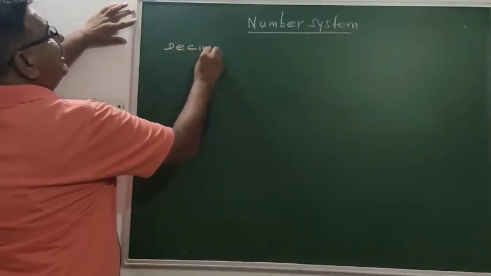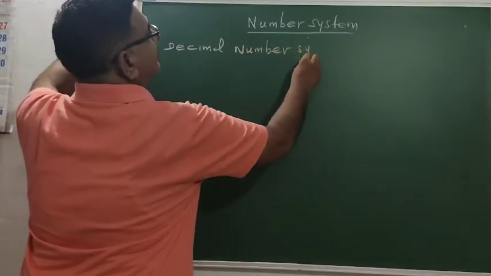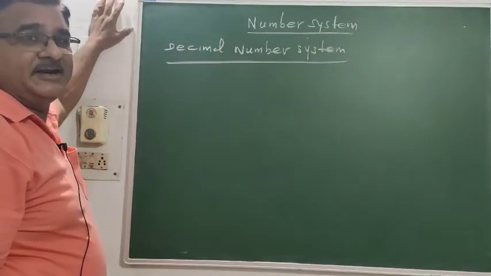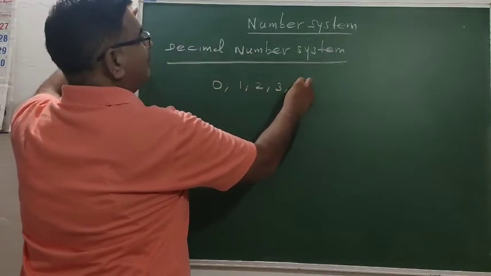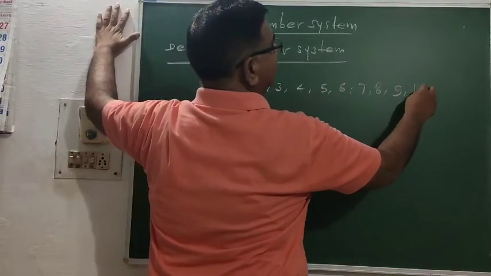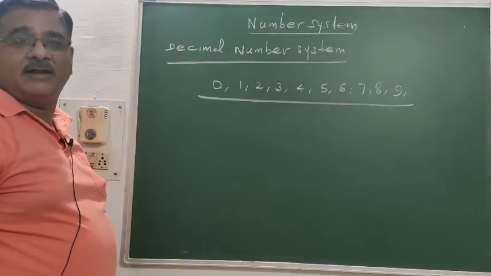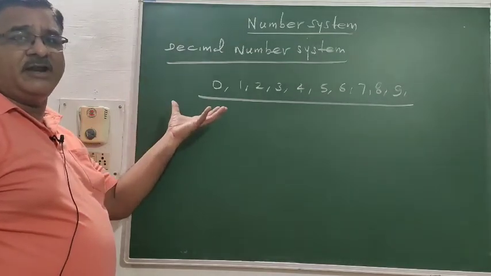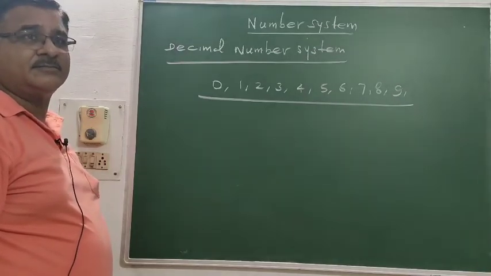In the decimal number system, we use the digits 0, 1, 2, 3, 4, 5, 6, 7, 8, 9. All the numbers are formed with the help of these digits only. This is called the decimal number system.